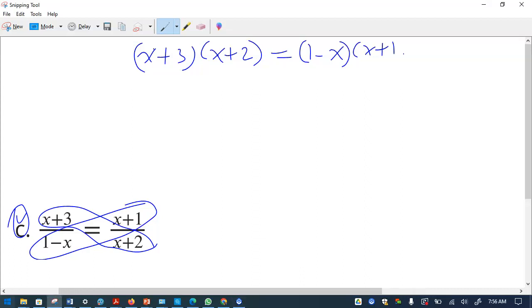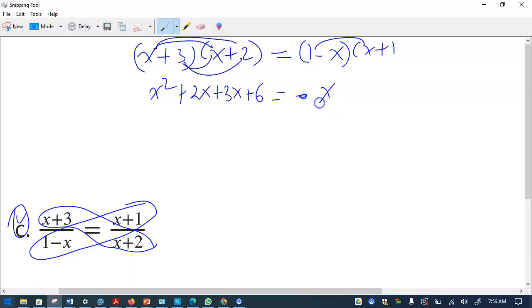So x times x becomes x squared. Then x times 2 is plus 2x. Then the inner, which is 3x, and then 3 times 2 becomes 6. Same thing on the other side: 1 times x is x, then 1 times 1 is 1, then minus x times x is minus x squared.